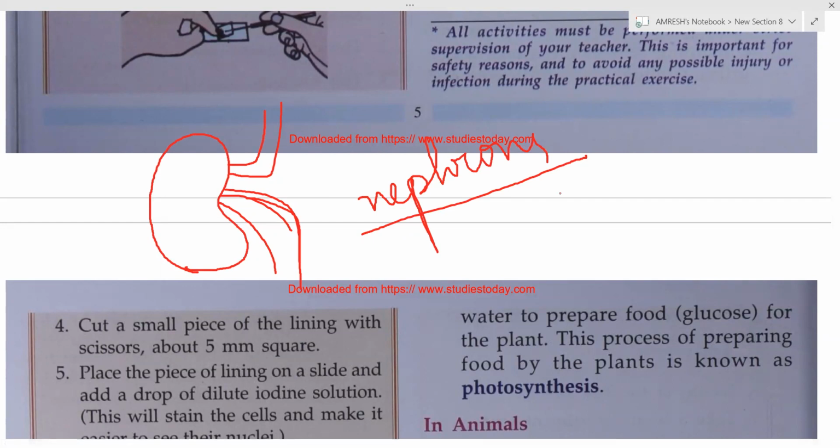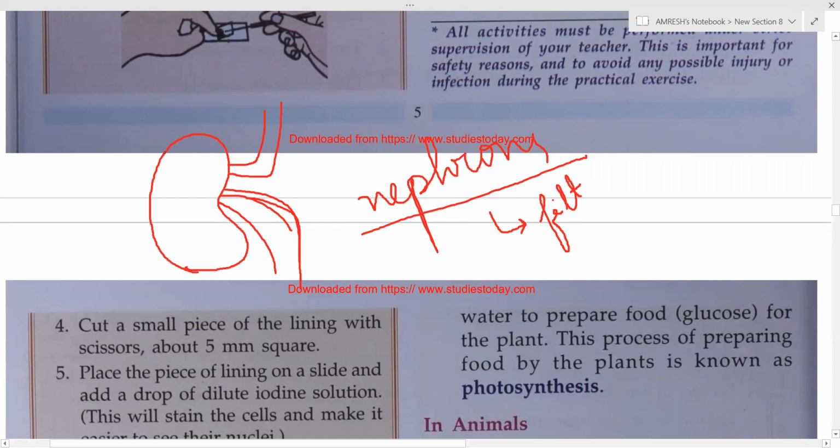Inside the kidney, there are millions of nephrons, and the nephron's function is filtration of blood, that is, removing waste materials from our blood. And what is the function of the kidney? Removing waste materials from the blood. So the function of the cell present inside the kidney and the kidney are the same or not? Yes, they are the same.